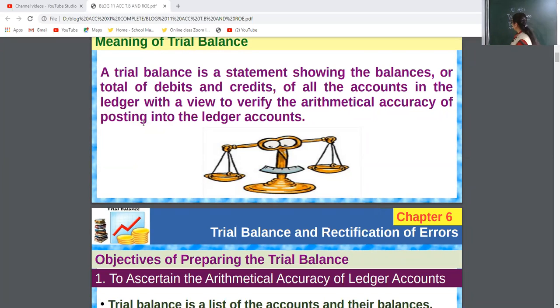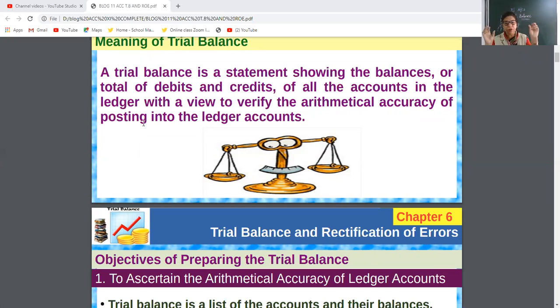Yesterday I told you that after general ledger trial balance, then with the help of trial balance, 3 accounts to be made, that is trading, P&L and balance sheet. So the trial balance is a proof or trial balance verifies that there is arithmetical accuracy in the ledger.